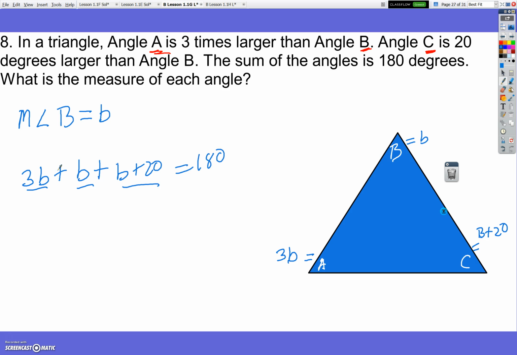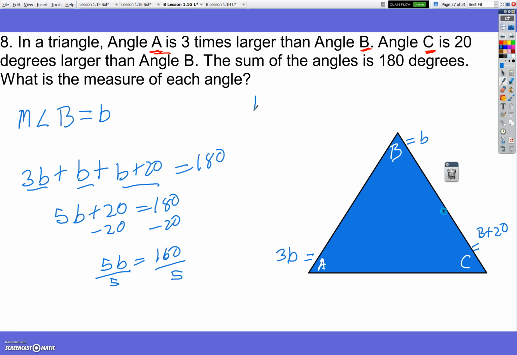So from there now I'm just going to combine like terms. 3b plus b plus b is 5b plus 20 equals 180. From there I'm going to minus 20 on both sides to get 5b is equal to 160. I'm going to divide both sides by 5, and I'm going to figure out by doing that b is equal to 32 degrees.